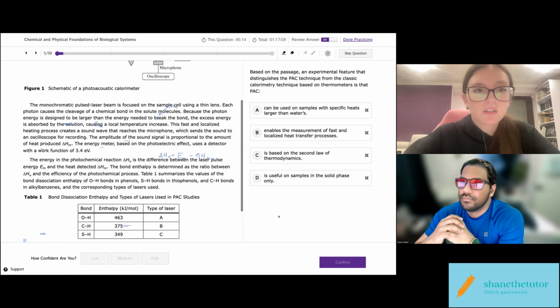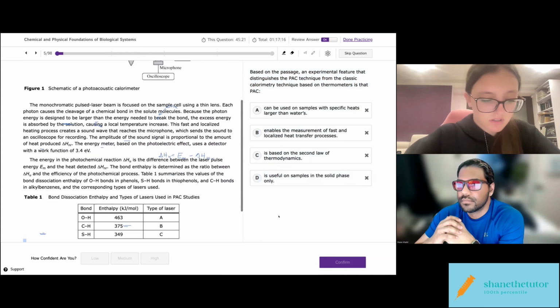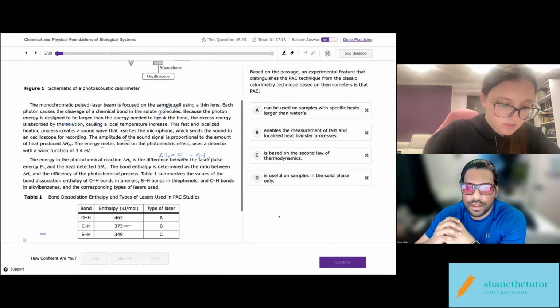Well, isn't it that the specific heat is just compared to the water? It doesn't matter if the specific heat is higher or lower. Oh, you're talking about the answer choices, the bomb calorimeter.